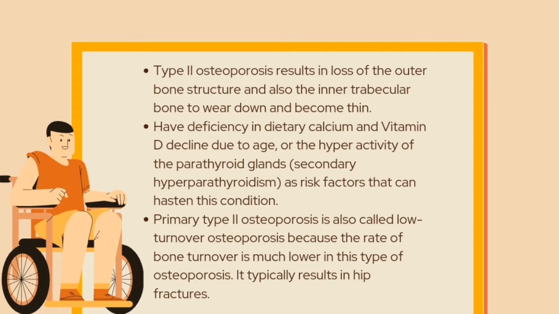Primary type 2 osteoporosis is also called low turnover osteoporosis because the rate of bone turnover is much lower in this type of osteoporosis. It is typically present in hip fracture.